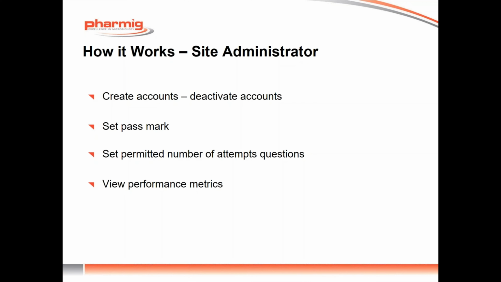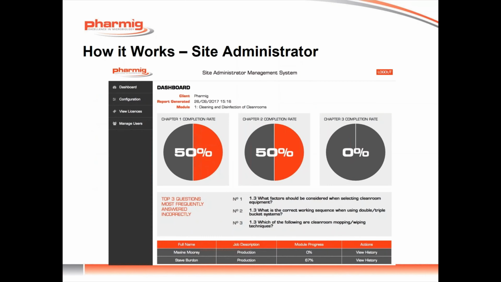And the administrator can also access overall metrics to see how a group of staff are performing in any given area. This is shown through the site administrator's dashboard as illustrated on the screen. And the site administrator here has oversight of, say, the top 3 answers that could be answered incorrectly, and this could then be a useful tool to prompt what else needs to be done in terms of boosting company best practices.